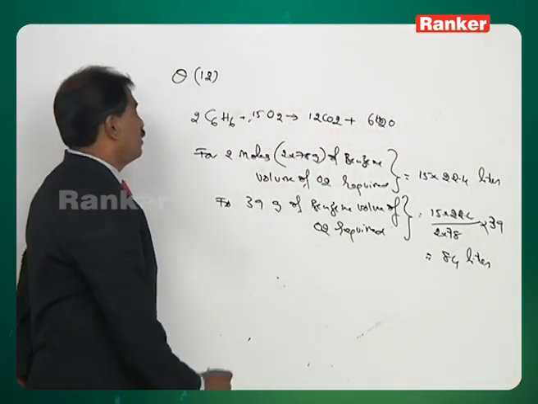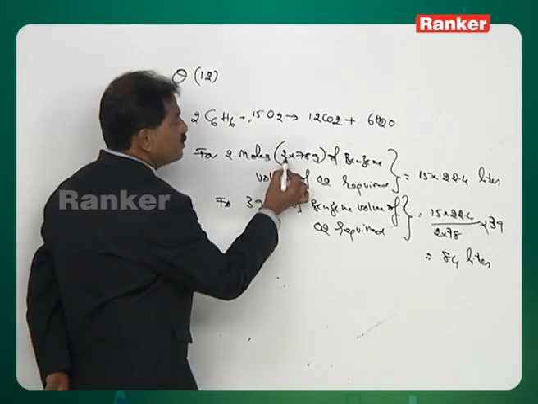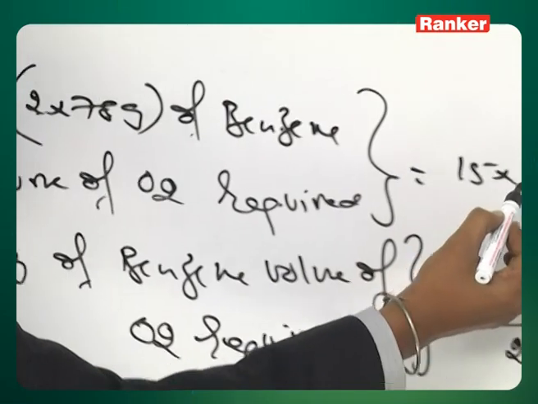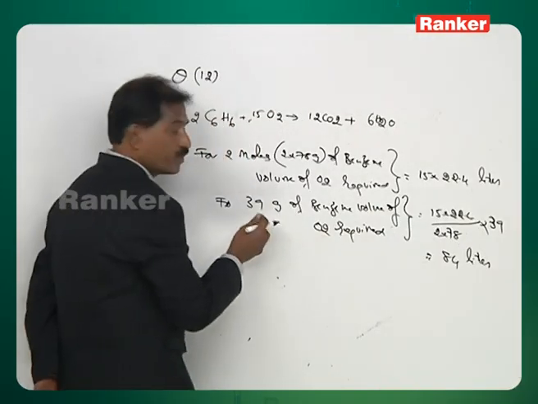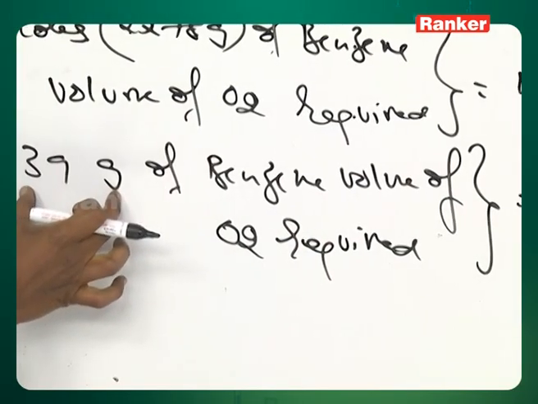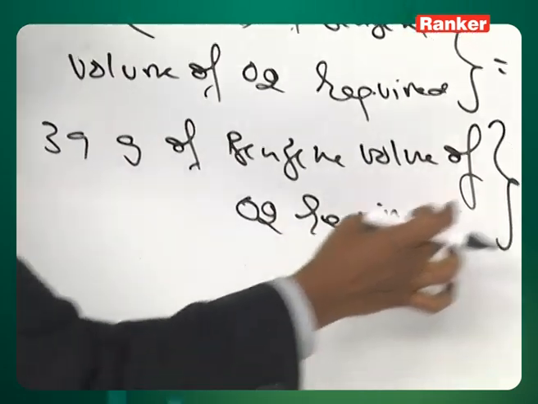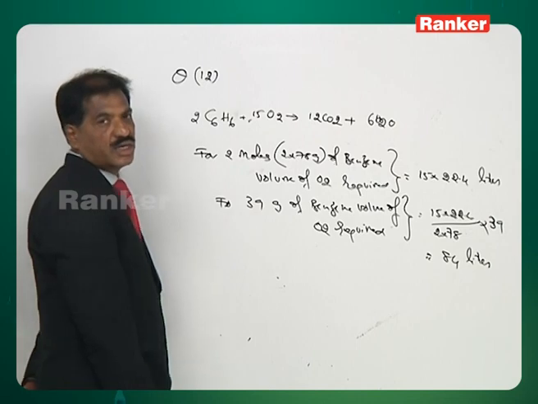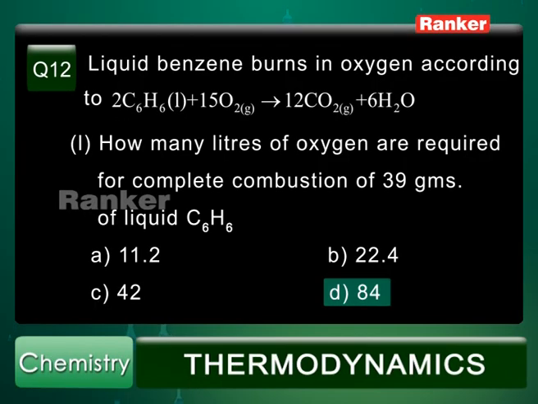So, for 2 moles of the benzene, meaning 2 into 78 grams of the benzene, the volume of the oxygen required is 15 into 22.4 liters. For 39 grams of the benzene, the volume of the oxygen required is, this is the calculation. Therefore, the total amount of the oxygen required is 84 liters. Therefore, the answer is D.